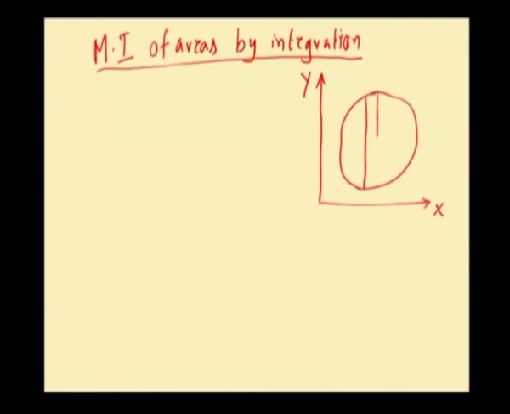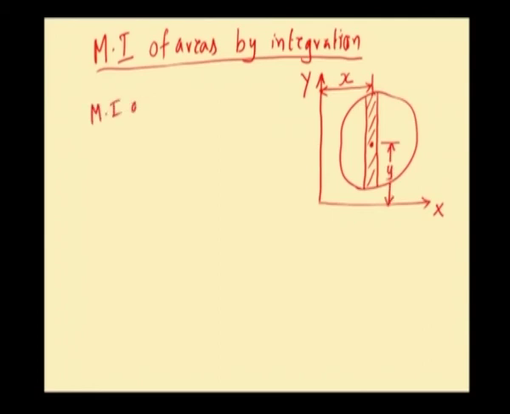Now, we are going to consider a small strip area within this laminar figure. This strip will have its center of gravity. So, this particular dot represents the center of gravity of the strip area. Let the distance of the center of gravity of this strip from y axis be small x, and the distance of the center of gravity of this strip from x axis be small y.